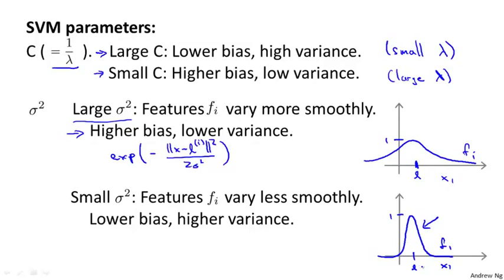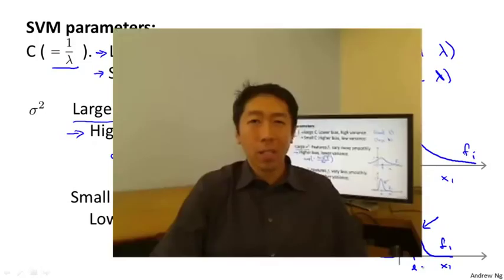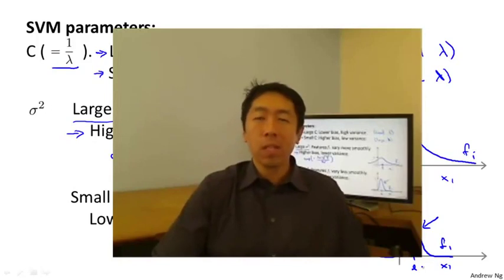If you look at this week's programming exercise, you actually get to play around with some of these ideas yourself and see these effects yourself. So that was the support vector machine with kernels algorithm, and hopefully this discussion of bias and variance gives you some sense of how you can expect this algorithm to behave as well.